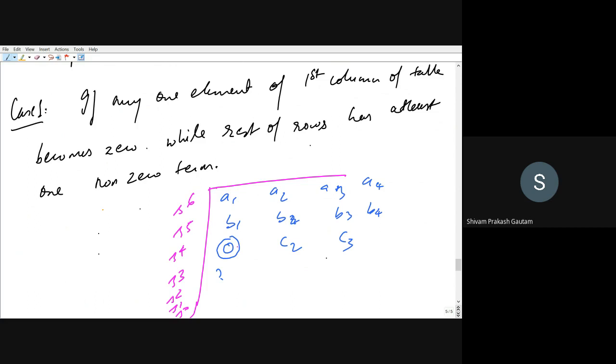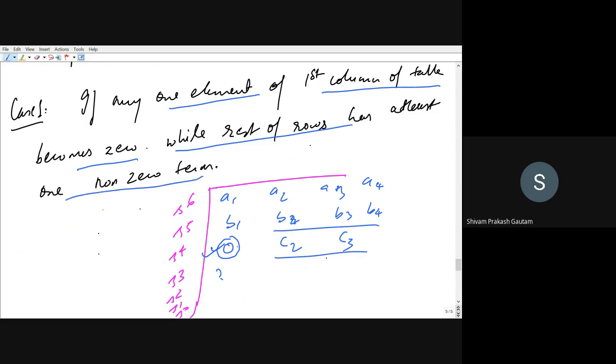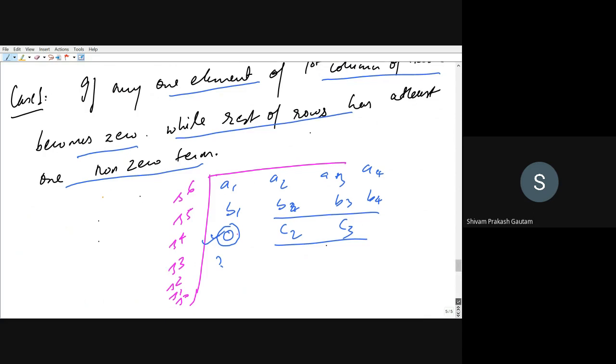So if any one element of the first column of the table becomes 0, while the rest of the rows have at least one non-zero term, so all others have some terms, how do we proceed?